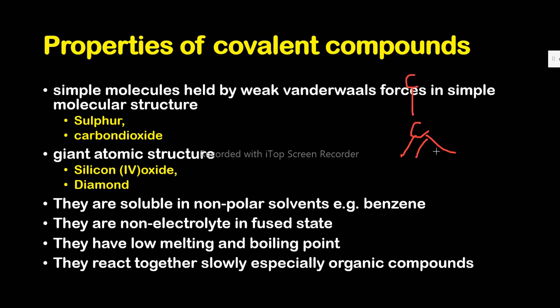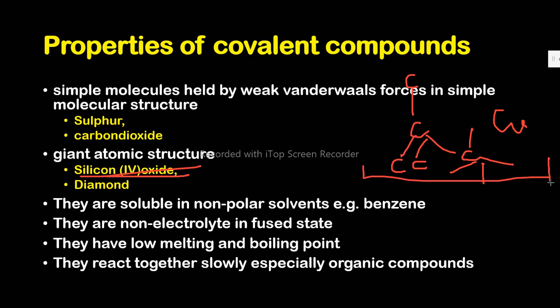So carbon, carbon, carbon, carbon, and then another one, same thing. So they have a giant atomic structure. Even with silicon dioxide, it also forms a giant atomic structure. Sand. So it is because of these structures that these compounds have very high melting and boiling points.